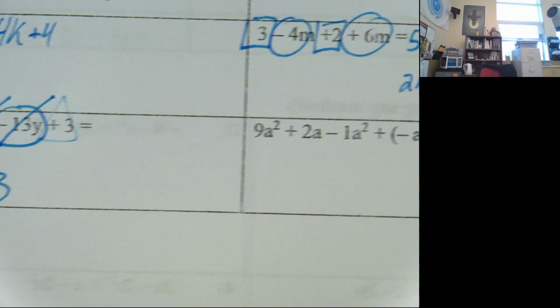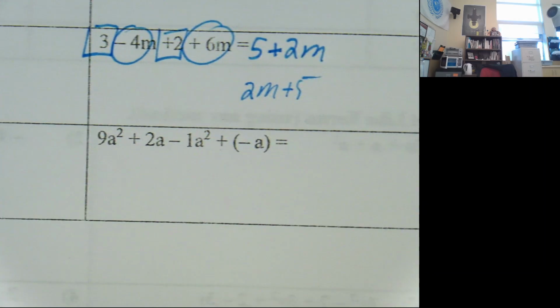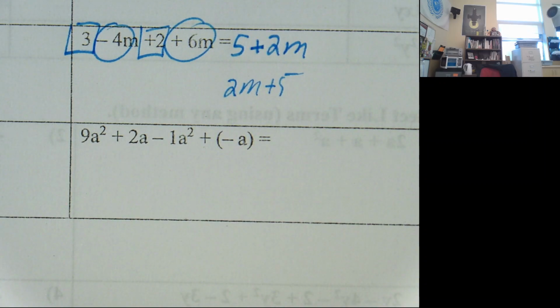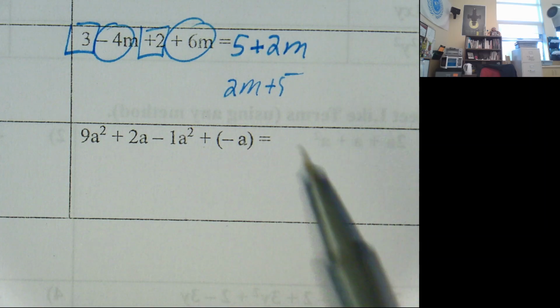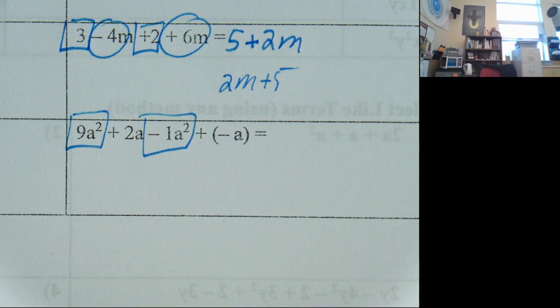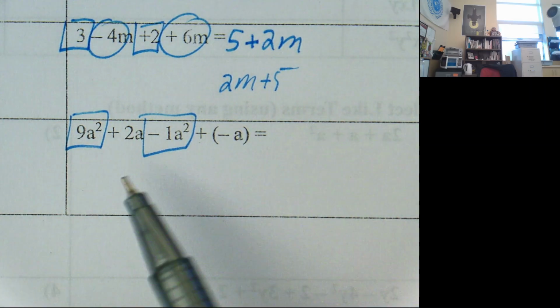Last one. Here we go. What are my like terms, Denny? You're up. You've said nothing today so far. Okay, ignore everybody. Everyone else stop talking. Denny. 9a squared, and it's not 1a squared, it's negative. Yes.